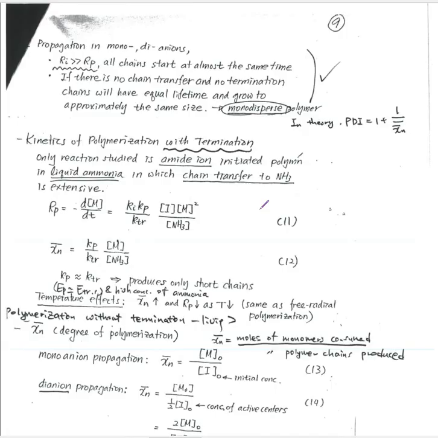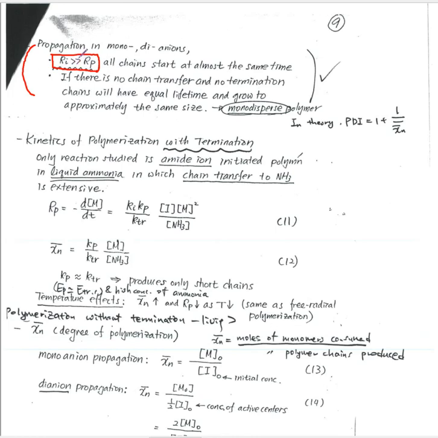Another important feature of anionic polymerization is that the initiation rate Ri is much faster than the propagation rate, which means that at the beginning of the reaction, the initiator anions are formed immediately.